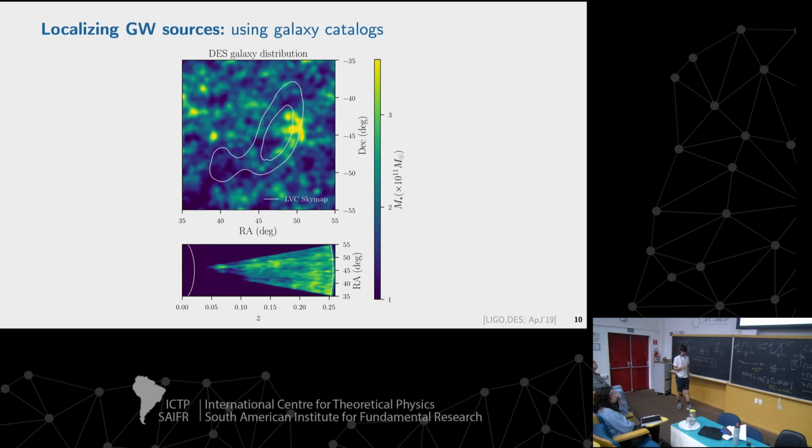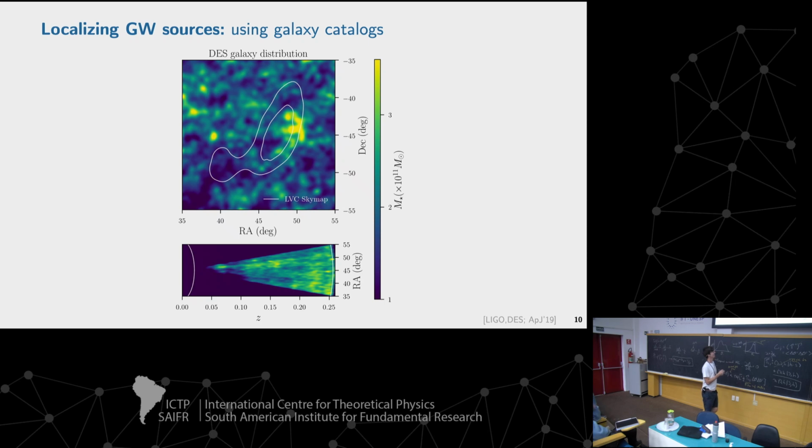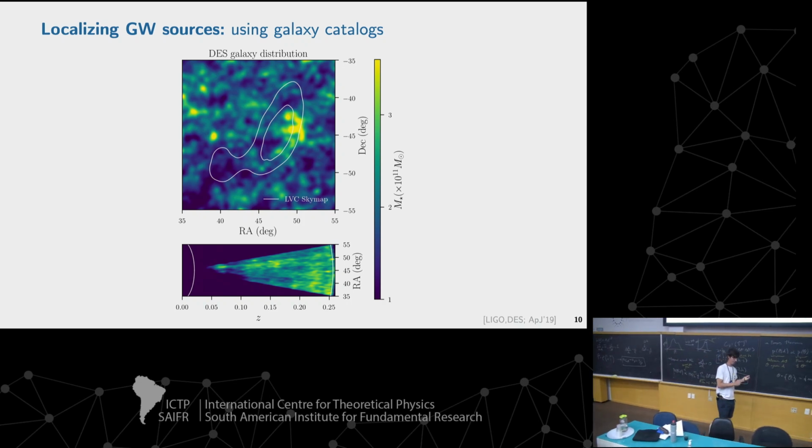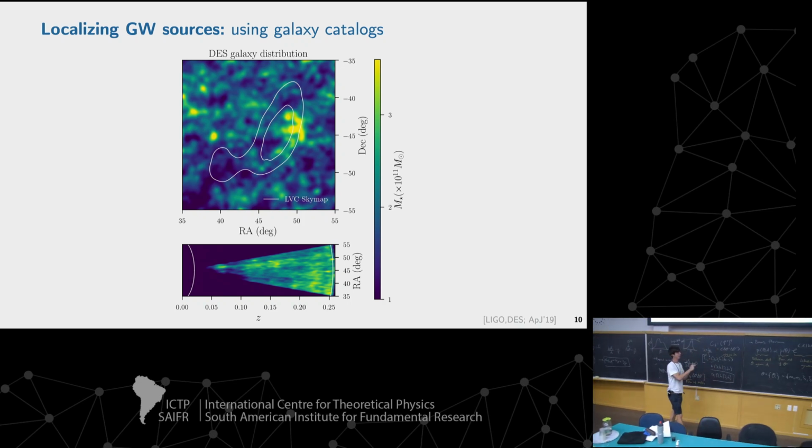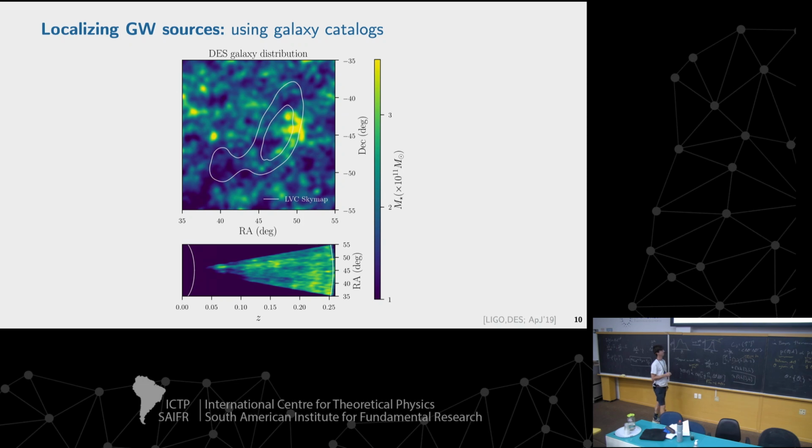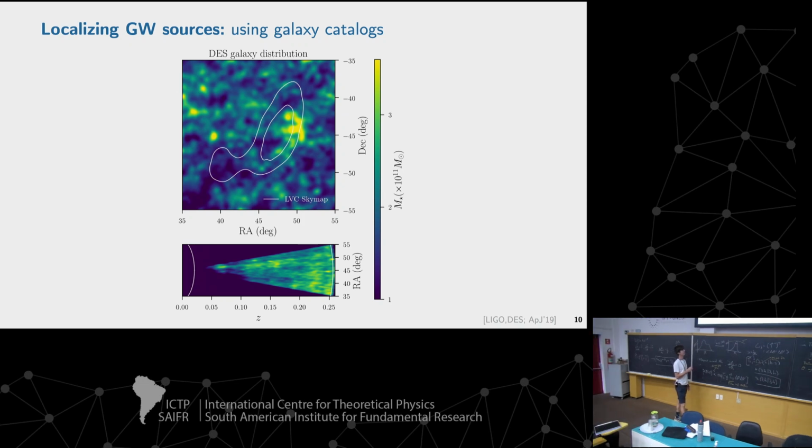And this is also to give you a sense of how it looks in the case of dark sirens. This is for the first binary black hole that was observed with LIGO, Virgo, the two LIGOs and Virgo. This was in August of 2017. And then this was the sky localization region of the event.